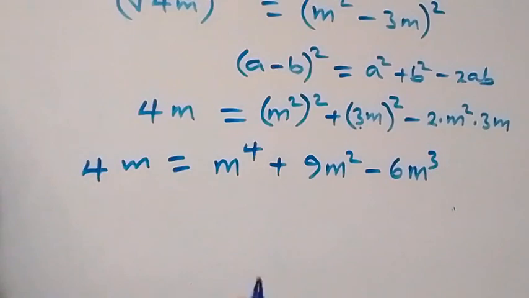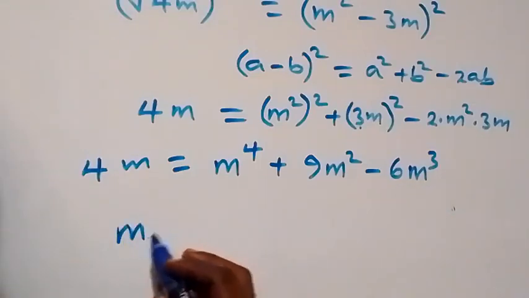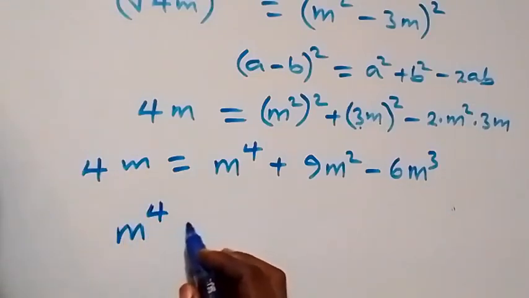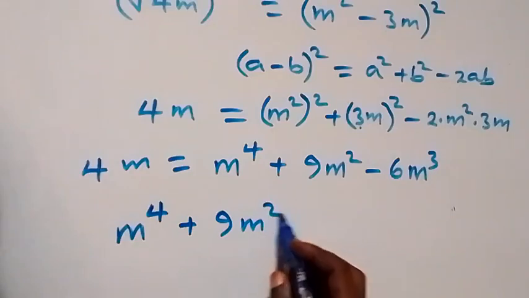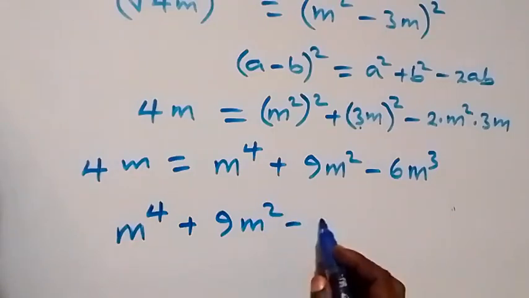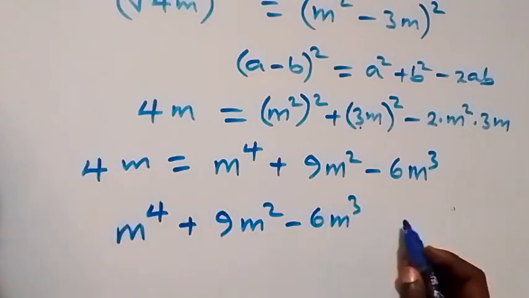And also from here, let's take everything to one side. Now we maintain this side, and we have m raised to power 4 plus 9m squared minus 6m cubed. Then taking 4m to this side becomes minus, that's minus 4m.